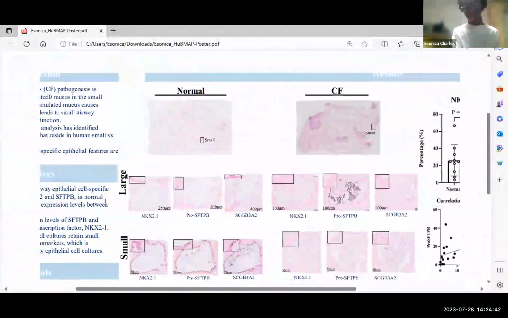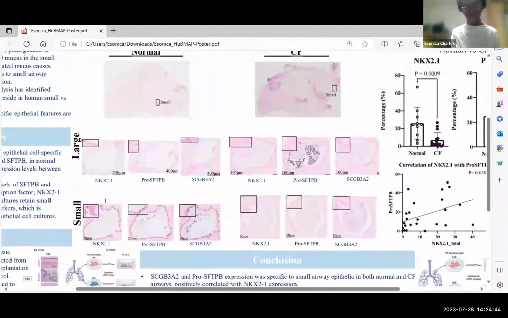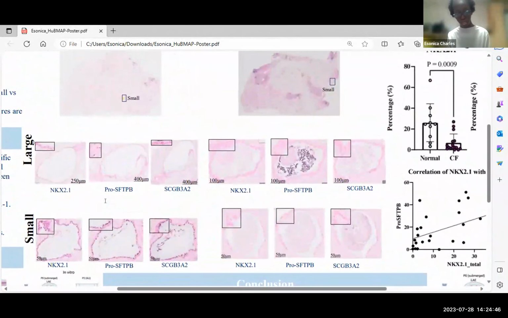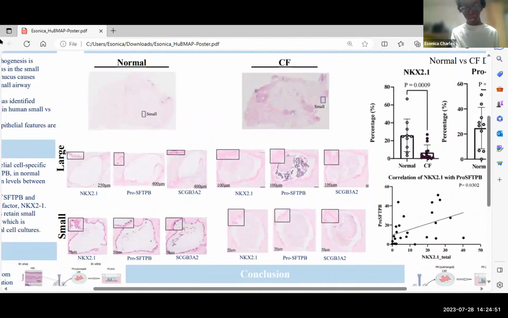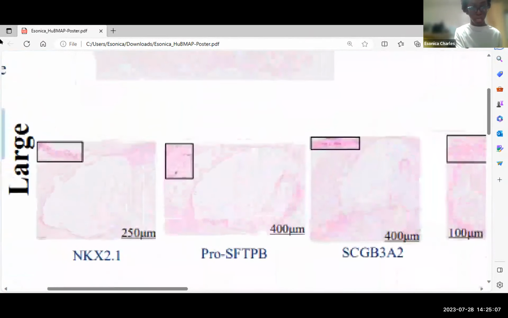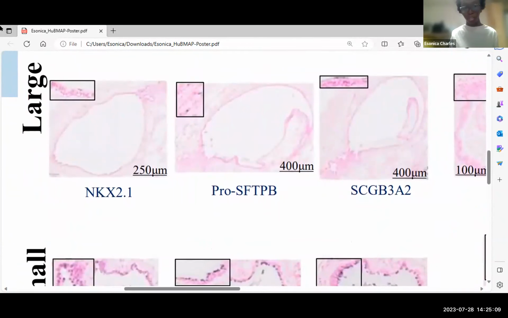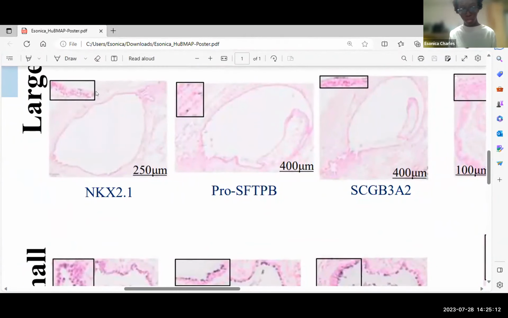Here I have my results, some images. I have a general image of a normal lung tissue. And here we have large airway staining for NKX2.1, and then for the biomarkers pro-SFTPB and SCGB3A2. Here we have the DAB expression shown in the darker purple areas.